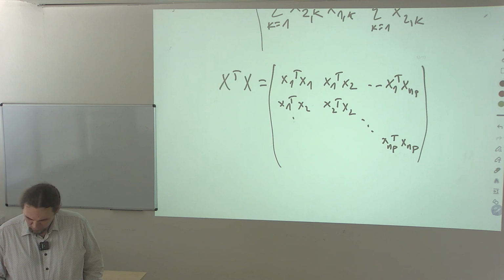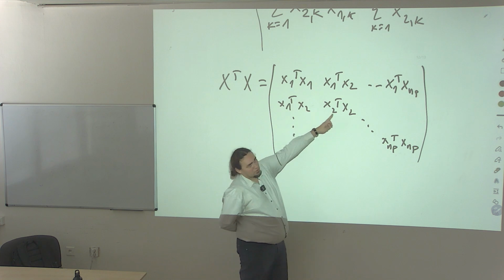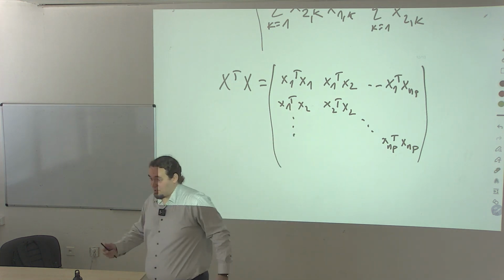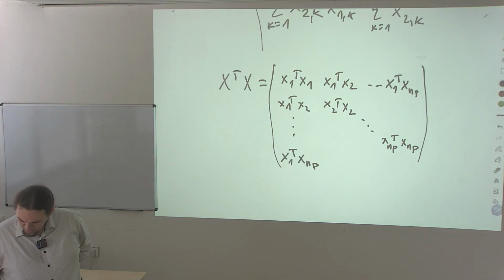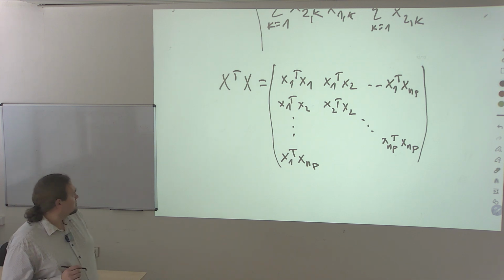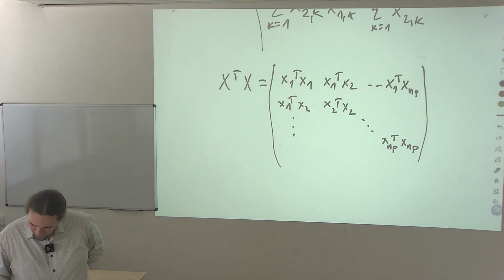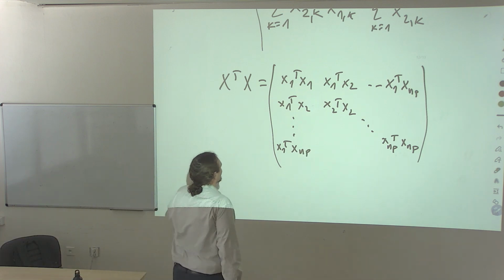What else can we fill in? Let's fill in. The first column should be just the mirror image of the first row. It's a symmetric matrix. We cannot find any more surprises. Which means, did I put this a bit too much down? x1 transpose x and B. What's gonna come here?